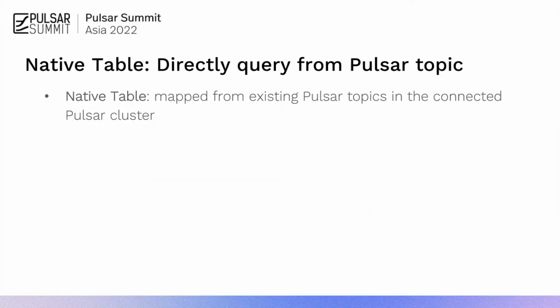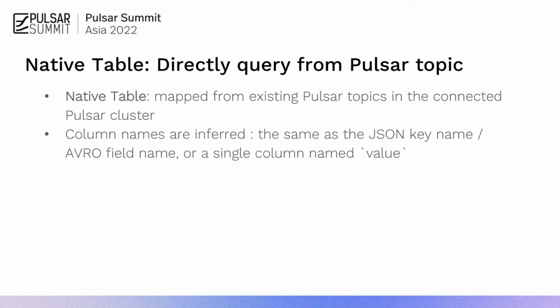This kind of table is called a native table. It supports direct queries from Pulsar topics. In fact, these tables are created automatically, and mapped from existing Pulsar topics in the connected cluster. The column names of the native tables are inferred. They will be the same as the JSON key name or the Avro field name, depending on which kind of schema you're using.